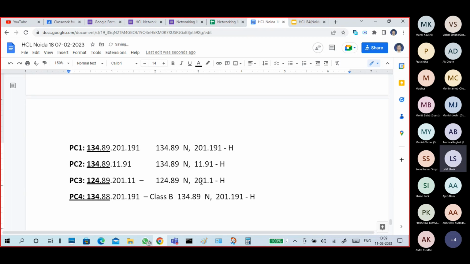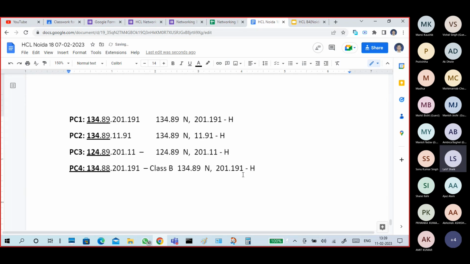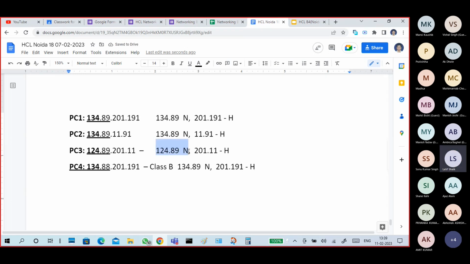So this is the host portion. This is the network portion. This is the host portion. Similarly, this is 134.88, and this is another address.